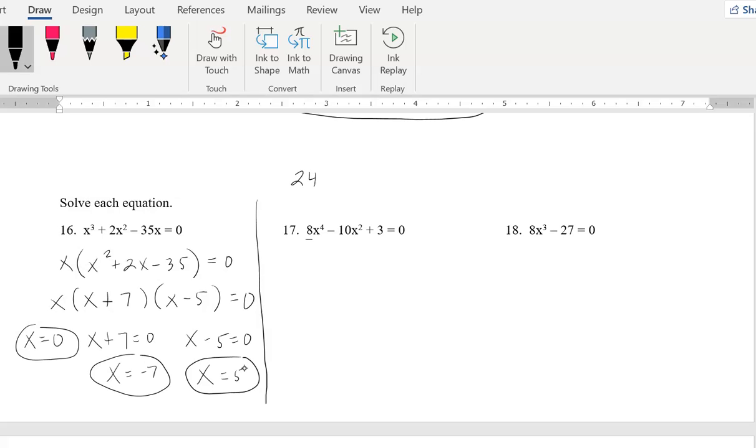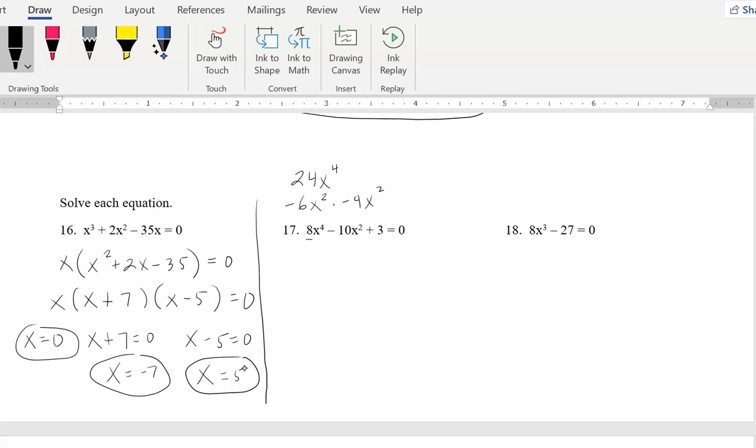That's 24x to the fourth. Are there factors of 24x to the fourth that add up to negative 10x squared? And hopefully you see that that would be negative 6x squared and negative 4x squared.